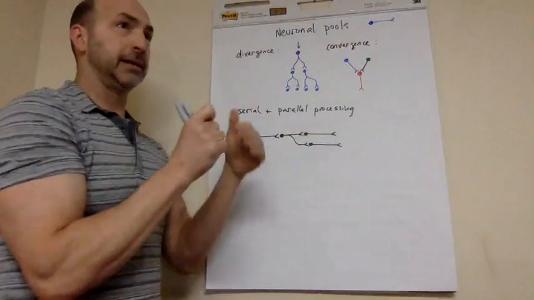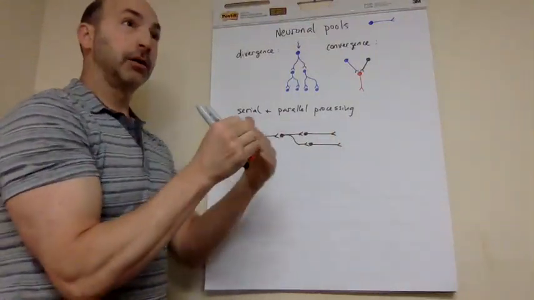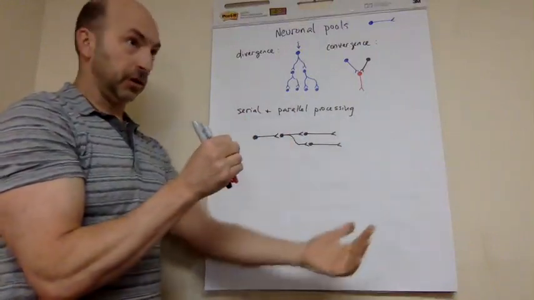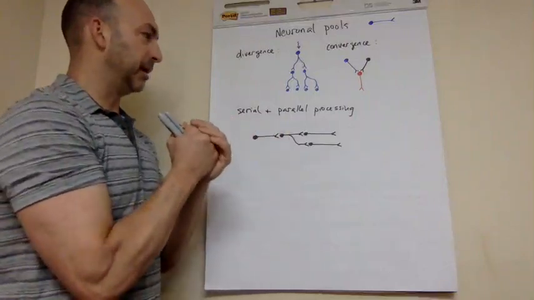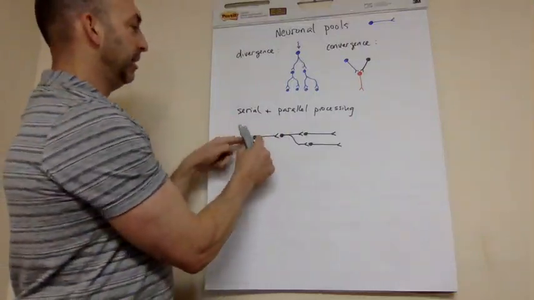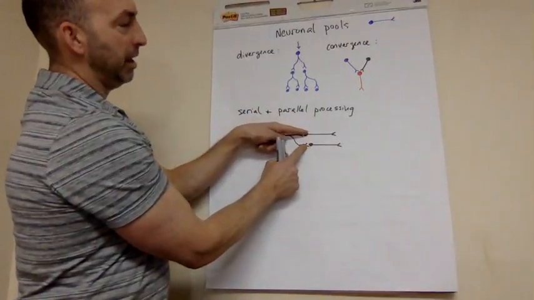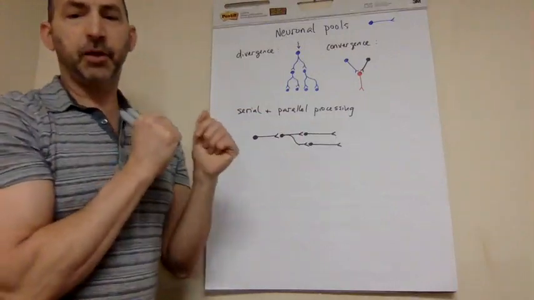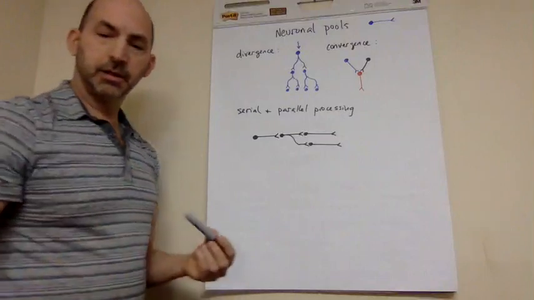In other words, light intensity could be carried along one pathway, color along another pathway, and so forth. Motion along another pathway, and these are very complex pathways. But that's the idea of one after another being serial, and then when information runs side by side, that's called parallel processing.